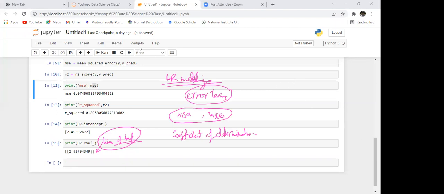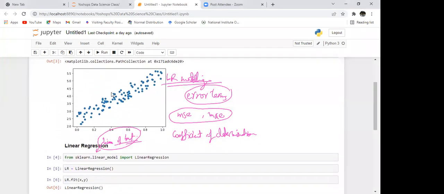Right now, your data set is this one, following this pattern. It may happen that you have a data set with some values here also. They cannot be called outliers, right? And even in that case, there is a chance that you are getting an MSE value almost near to 0.